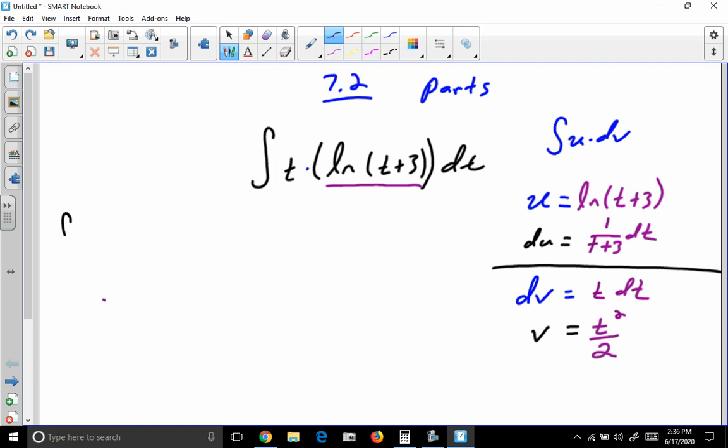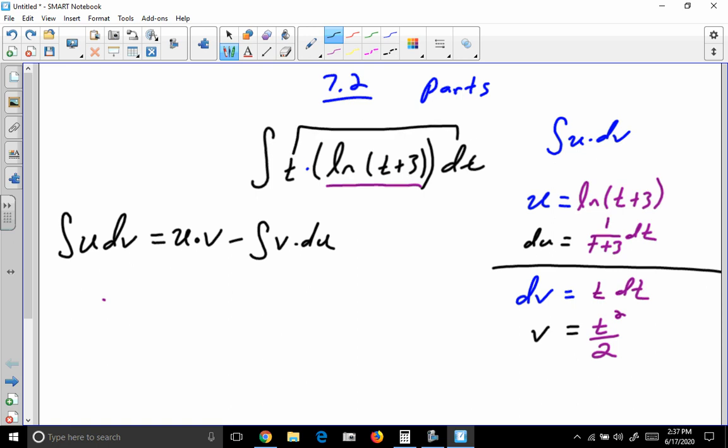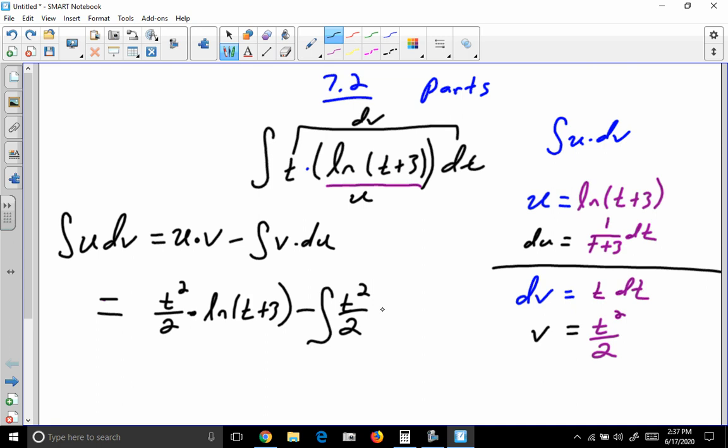So the answer to that integral is u times v minus the integral of v times du. So if we've selected this part to be dv and that part to be u, then our answer is u times v minus the integral of v times du.